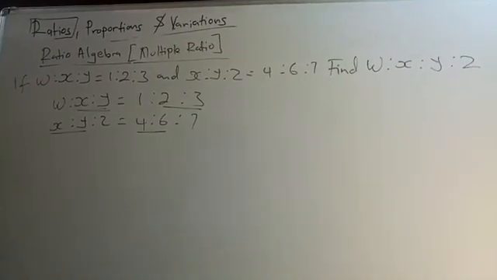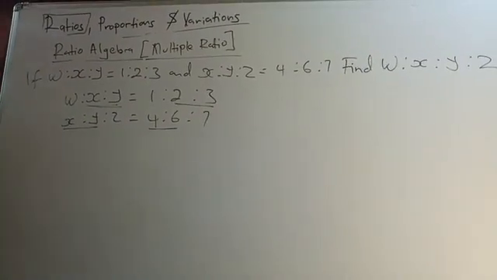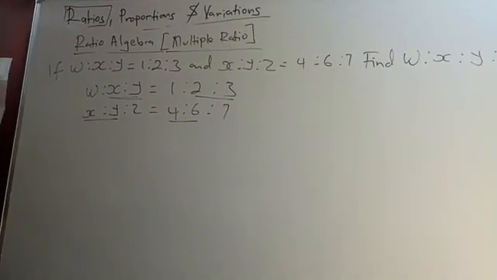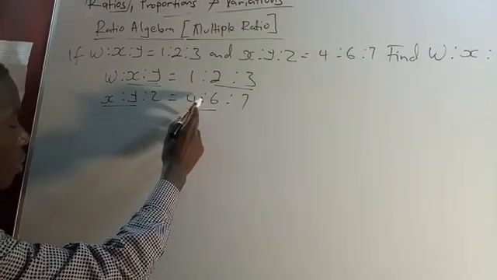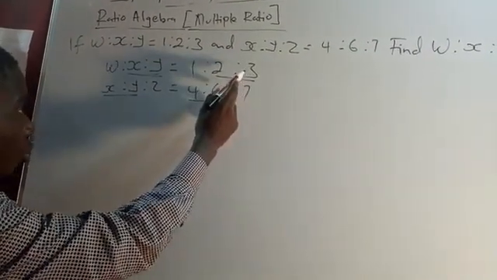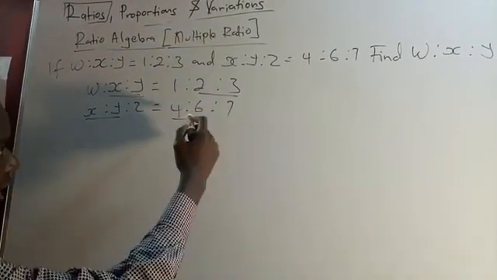So by looking at it, we can multiply them by 2 here to make it 4 and 6 here.